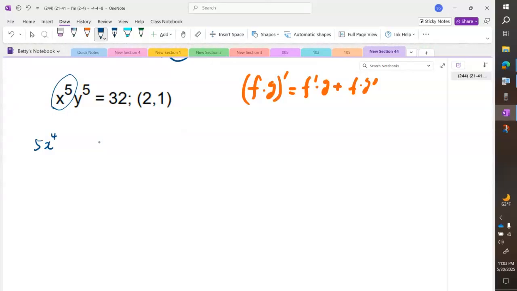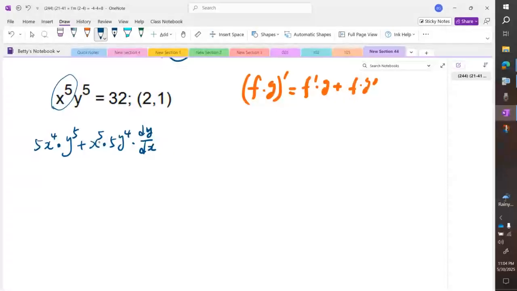Take the derivative of the first function, multiply by the second function, which is y to the power 5, unchanged. Plus, keep the first function unchanged, and then multiply by the derivative of the second function, which is 5y to the power 4, and dy/dx. Remember, we always have to have dy/dx after you take the derivative of y.